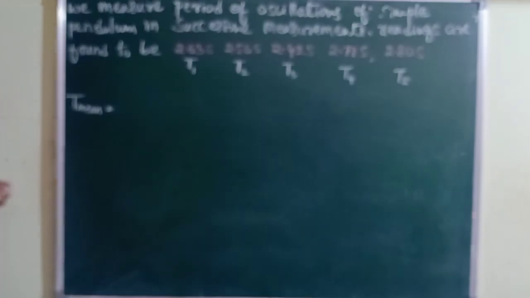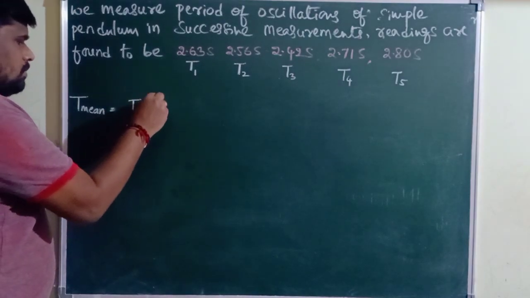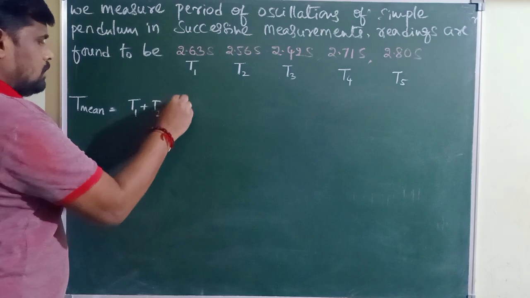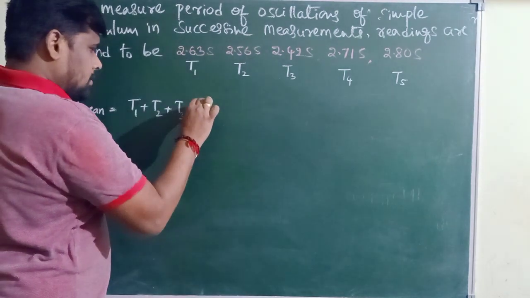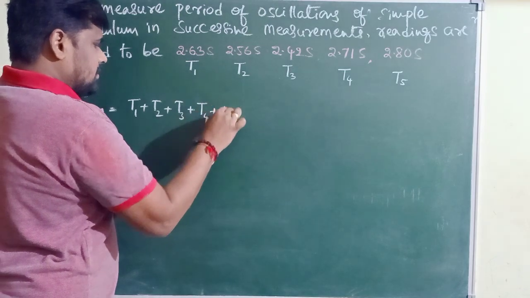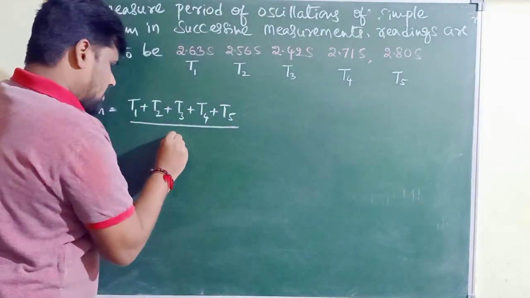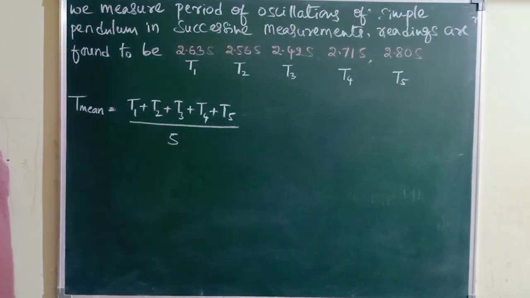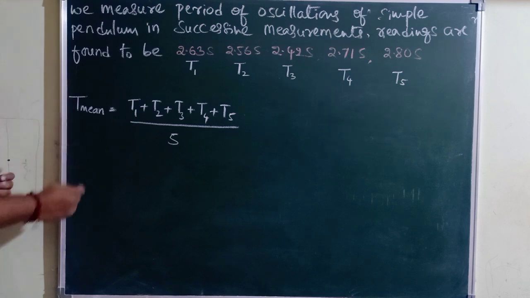Therefore, T mean is given by T1 plus T2 plus T3 plus T4 plus T5 divided by 5. This is the procedure to calculate the value of T mean. This T mean is also called the true value.